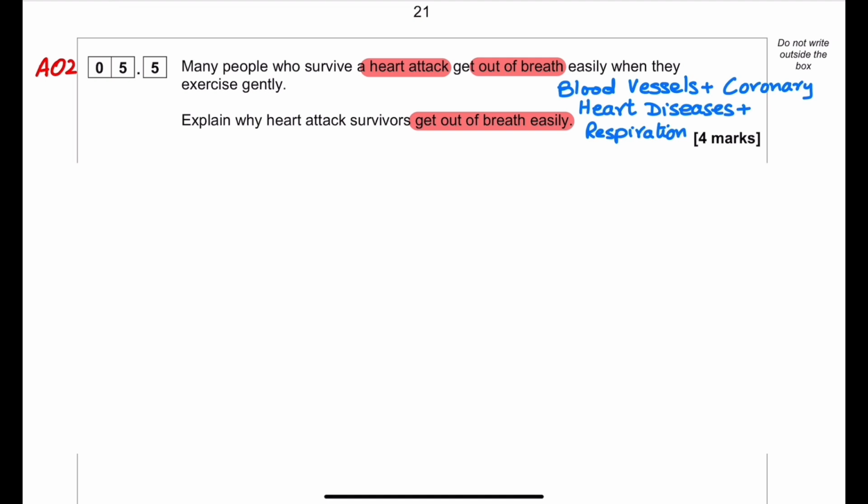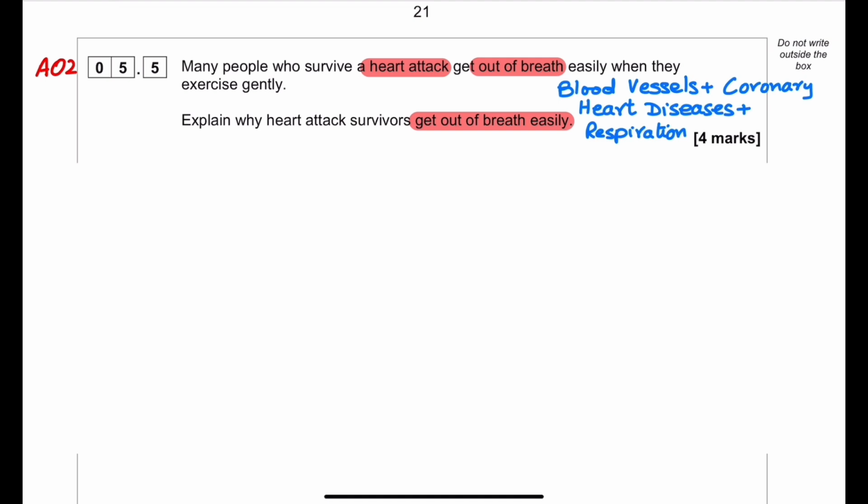Due to the heart attack, their heart muscles get weaker, so they are unable to perform well and unable to take the proper oxygen for respiration. If they take less oxygen, they will produce less energy for heart cells or tissues. Therefore, the person who had a heart attack will get out of breath easily during light exercise.